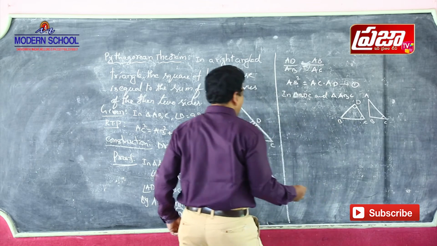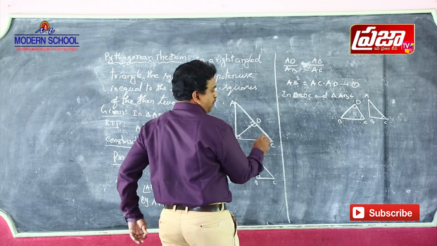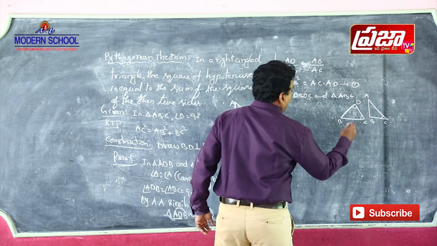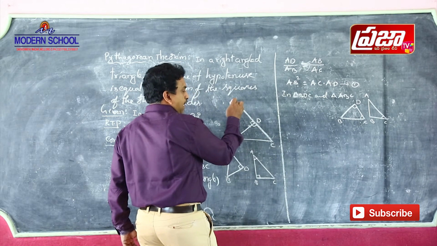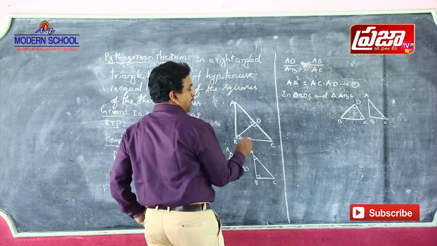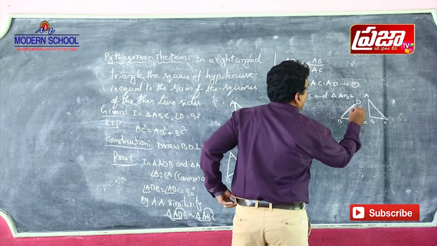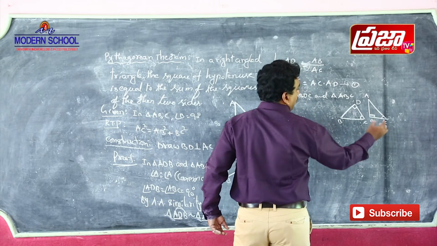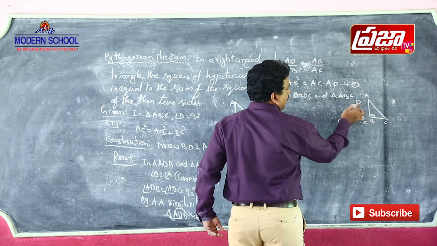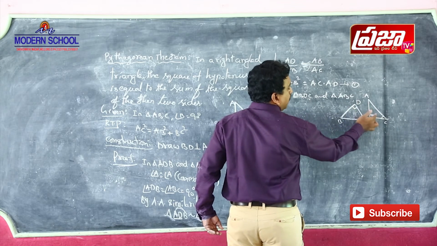In both triangles BDC and ABC, angle C is a common angle. In triangle BDC, the angle at D is 90, and in triangle ABC, the angle at B is 90. So clearly the angles are equal.